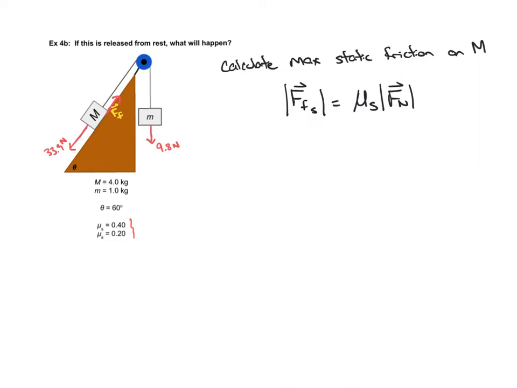And the magnitude of the normal force, so now we have to bring back things from the ramp questions from the previous lesson. The magnitude of the normal force is equal to the y component of gravity, FGY.